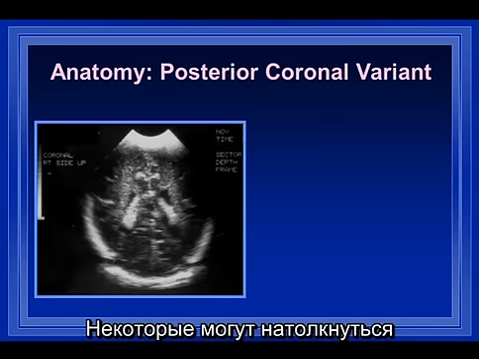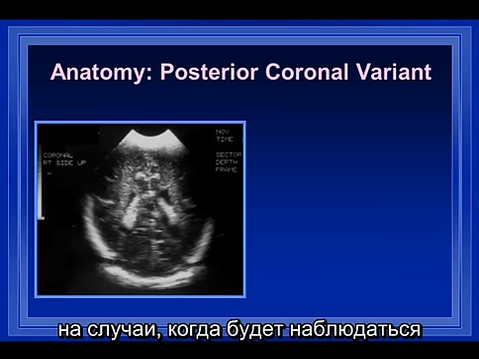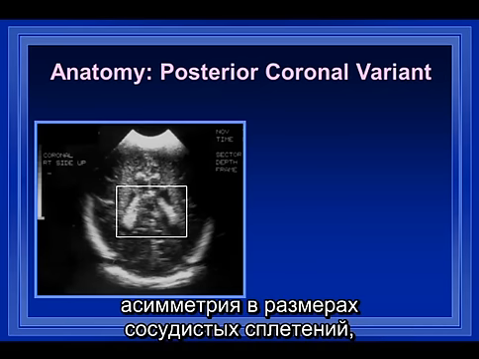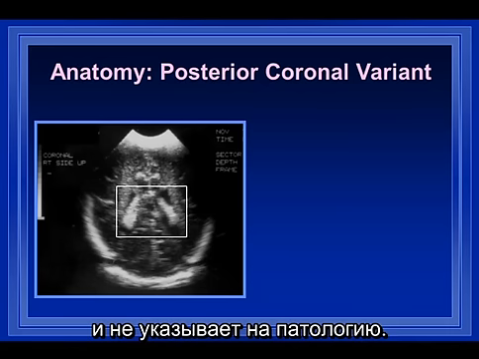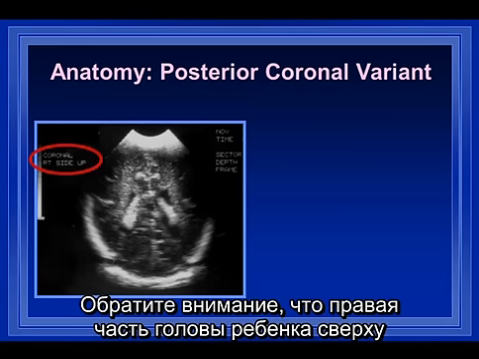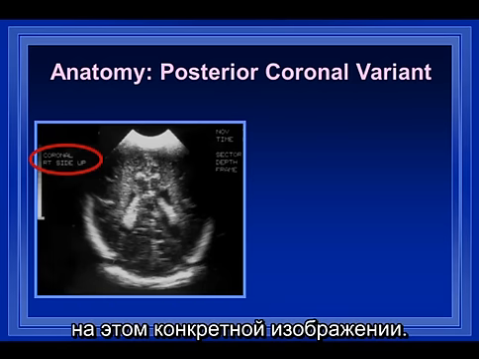One may encounter a variant where there is asymmetry in the size of the choroid plexus that is basically physiologic and not indicative of an abnormality. Note that the right side of the baby's head is up on this particular view.